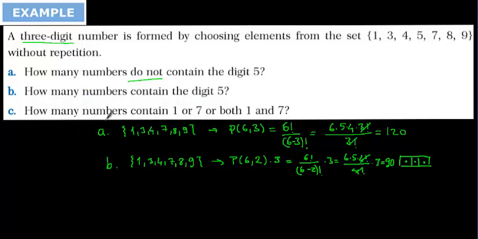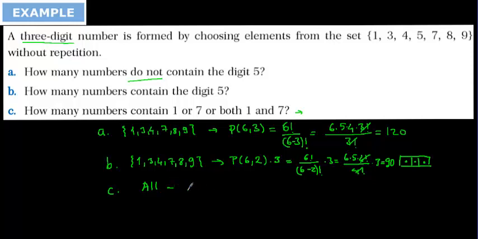In the last part, how many numbers contain 1 or 7 or both 1 and 7? Now here, for this question, we are going to use another method. That's why this question is important. I said here we have 1 or 7 or both of 1 and 7, which means it includes at least one of them, 1 or 7. So we are going to find this from all possible cases.